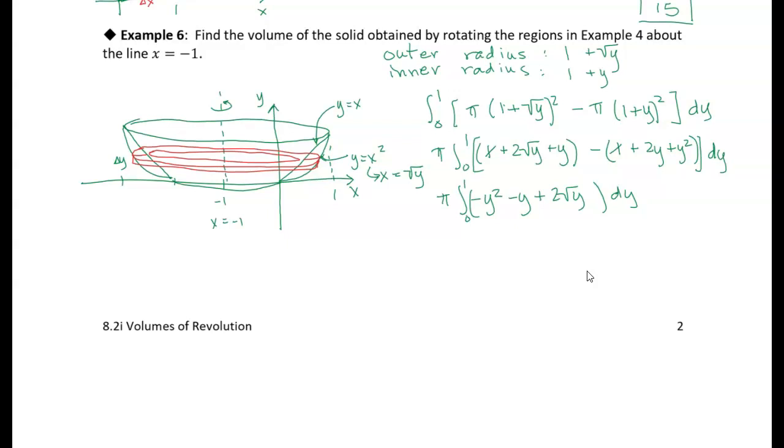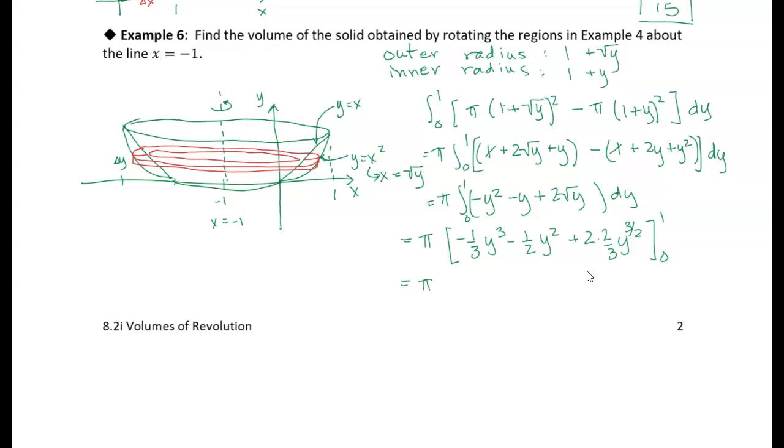And then we just need to do the integral, right? I'm just going to leave this pi out front, and we're going to get minus 1/3 y cubed minus 1/2 y squared plus 2, and then I'm going to integrate the square root of y, so we're going to end up with times 2/3 y to the 3/2, evaluated from 0 to 1. Now obviously the 0 is not going to matter, so I'm just going to evaluate everything at 1, and then I'll have my answer, right?